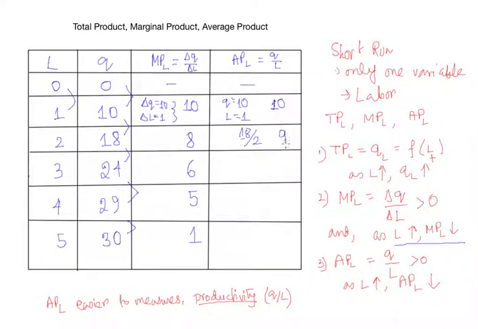So APL is 9. For the third, 3 units added, output is 24. So APL is 8, 24 by 3. So 4 units of labor is producing 29 units of output. So 29 by 4, which is 7.25.